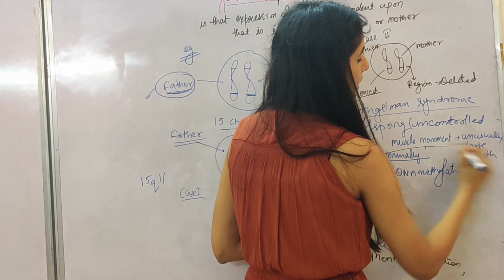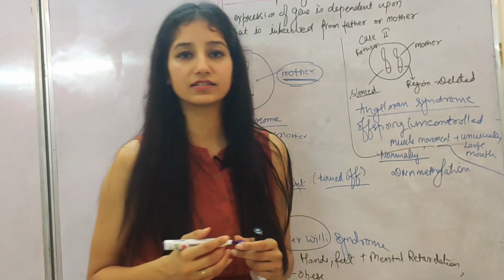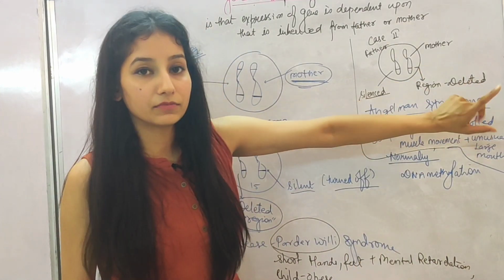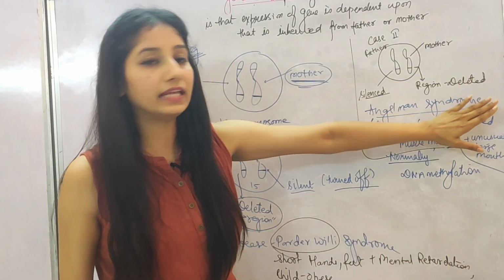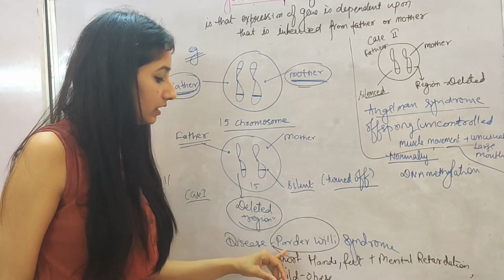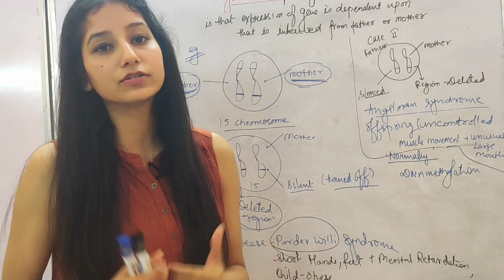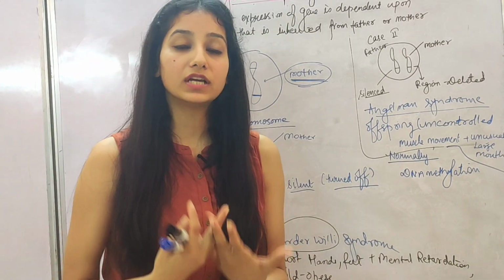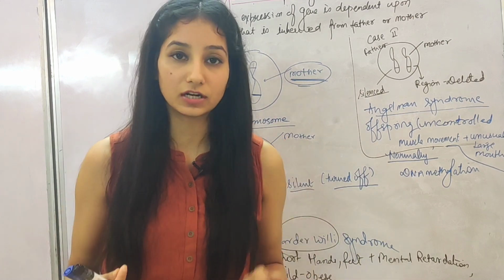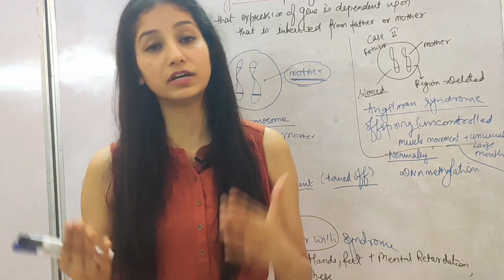So you can see that both genes do different things. If some region of the mother's chromosome is deleted, then Angelman syndrome occurs, and if the father's region is deleted, then it is known as Prader-Willi syndrome. Both regions of the chromosomes show different results. Both deletions show different results.